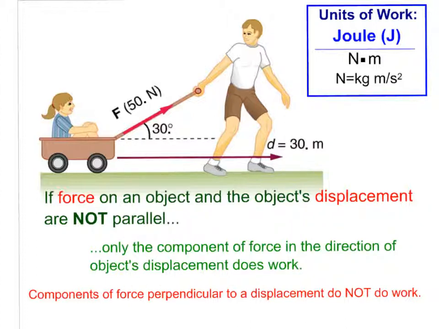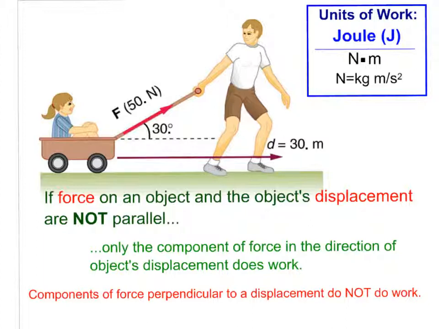And let's look at an example to understand that better. Here we have a force being applied in this direction, which is 30 degrees above the horizontal. The displacement of the object is perfectly horizontal in this direction.